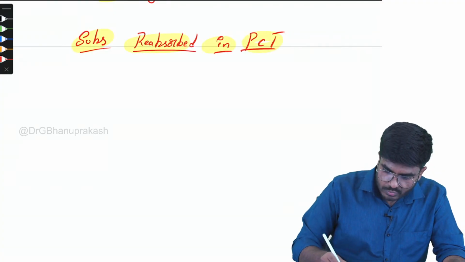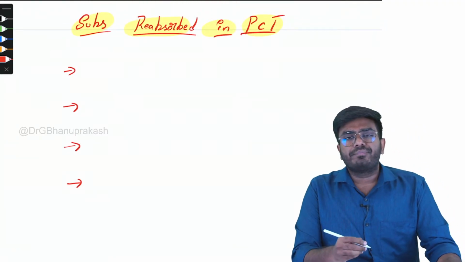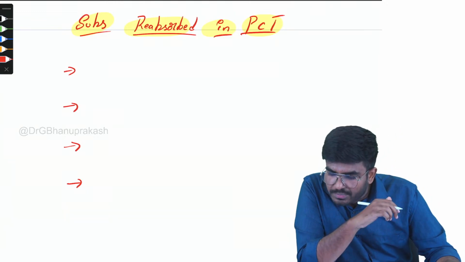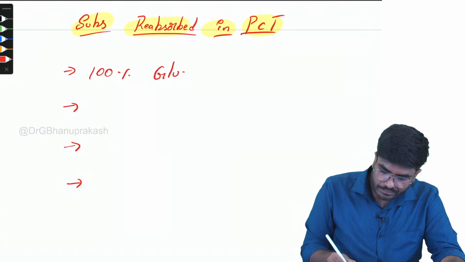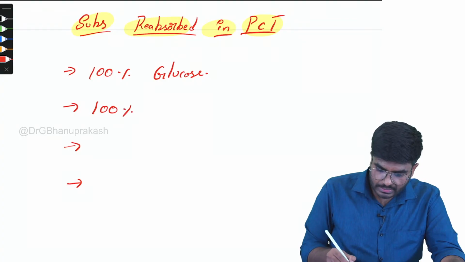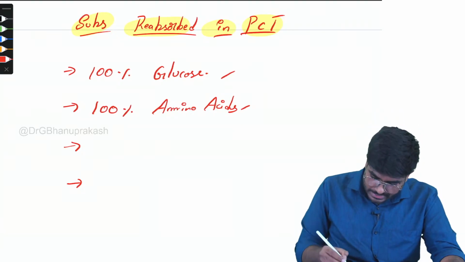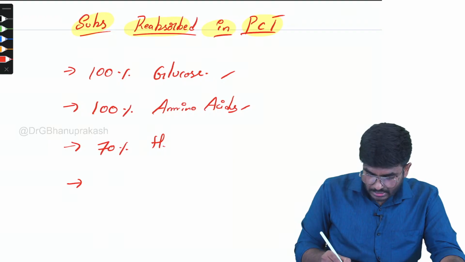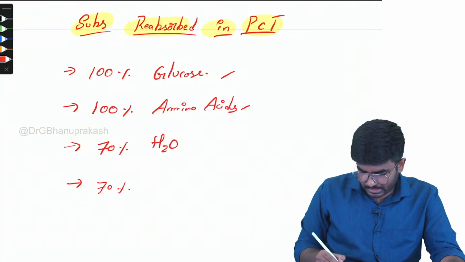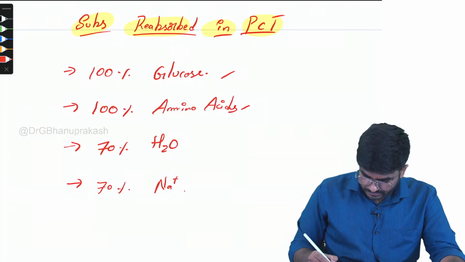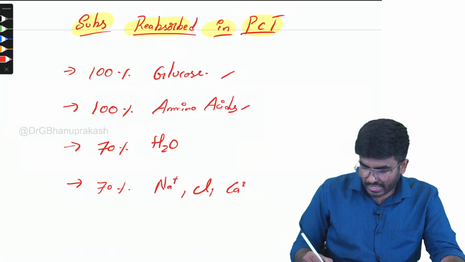You just think yourself, I have already taught you. 100% of glucose, 100% of amino acids, and almost 70% of water are reabsorbed in the PCT. 70% of sodium, 70% of chloride, and almost 70% of calcium are also reabsorbed.